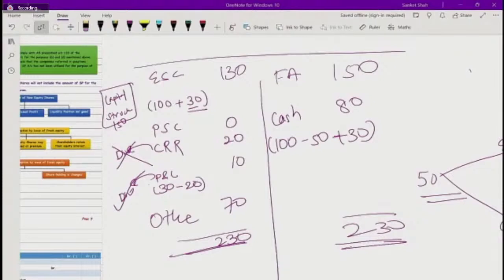Yes. Equity share capital, preference share capital 230. So your balance sheet is tallying at 230. Write down over 4. Balance sheet after redemption.